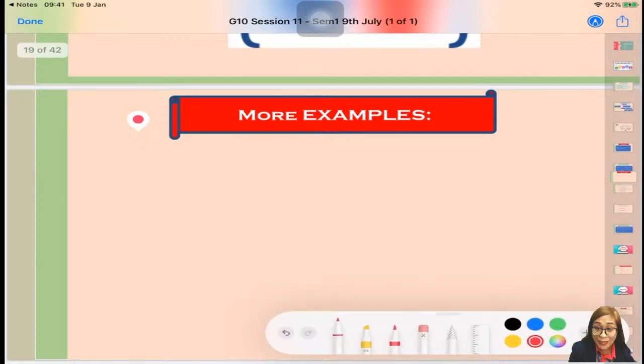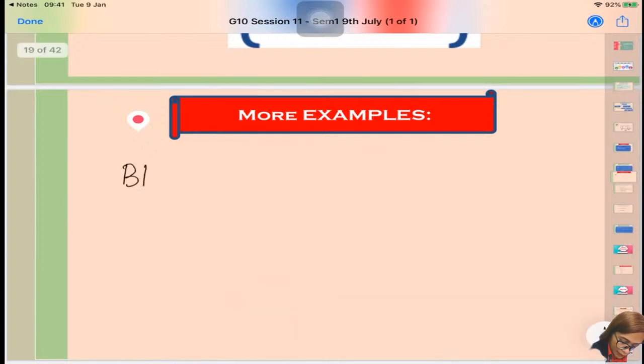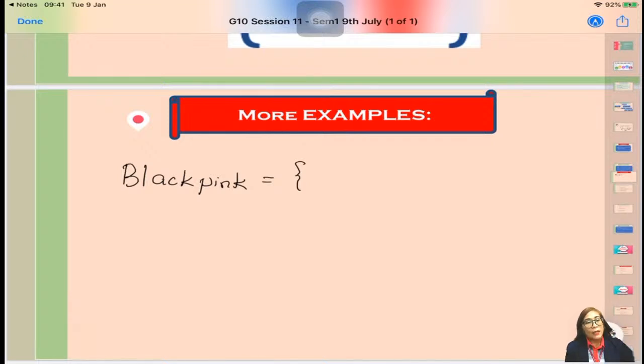Why it's a set, students? Okay, so let's have this. So for Blackpink, we will have here the word Blackpink. So Blackpink is a set. The collection is called a well-defined collection. So we'll have, the first is Lisa. Next we have Jenny.